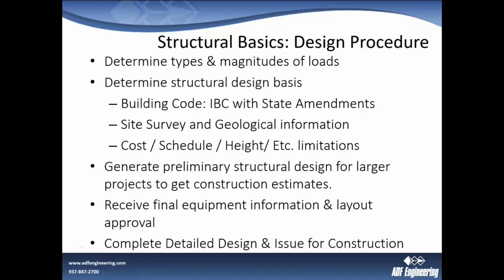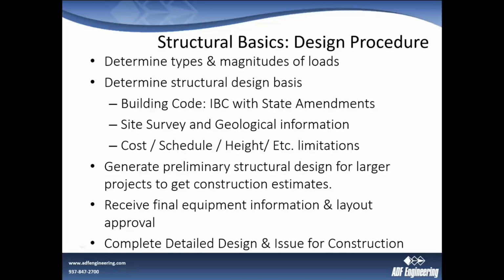So we look at things like what building code we're dealing with. We look at the site-specific information, such as the geological information, if we have foundations in question. And we'll look at what the existing buildings are, if there are any. I'll touch on that more later. And then sometimes there are things like cost and schedule restrictions we run into a lot, and even some limitations on height, and depending on the area the building is in, there can be other things there.